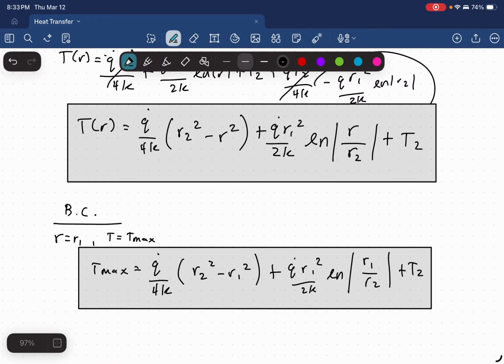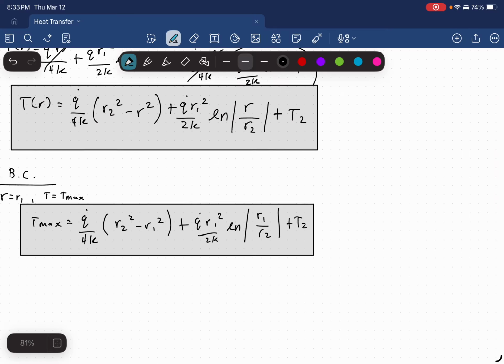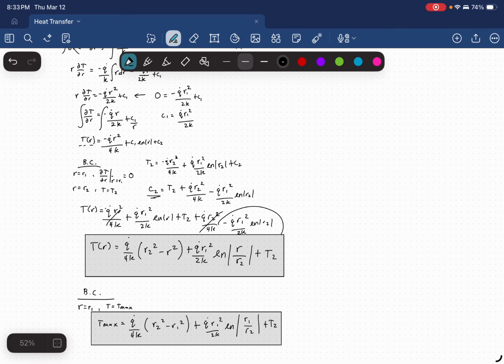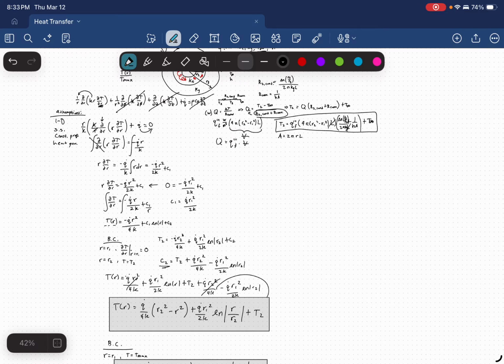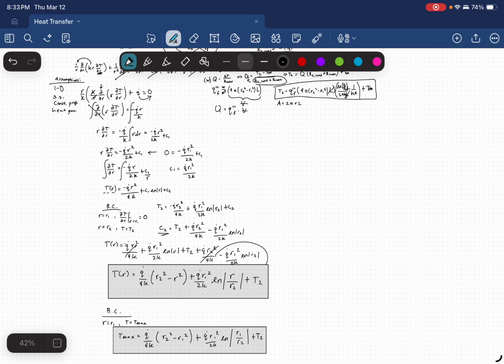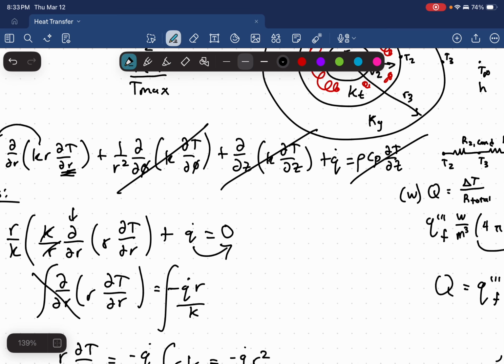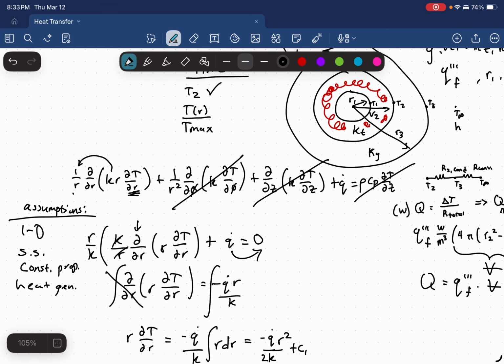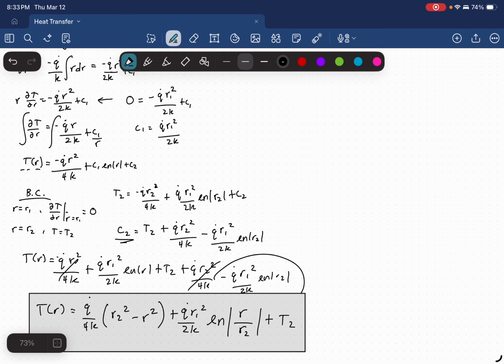So that was for cylindrical, and now we can do one that is spherical, and the main difference is going to be A, the coordinate system that you start with, and B, the thermal resistances that are going to be used in the problem.